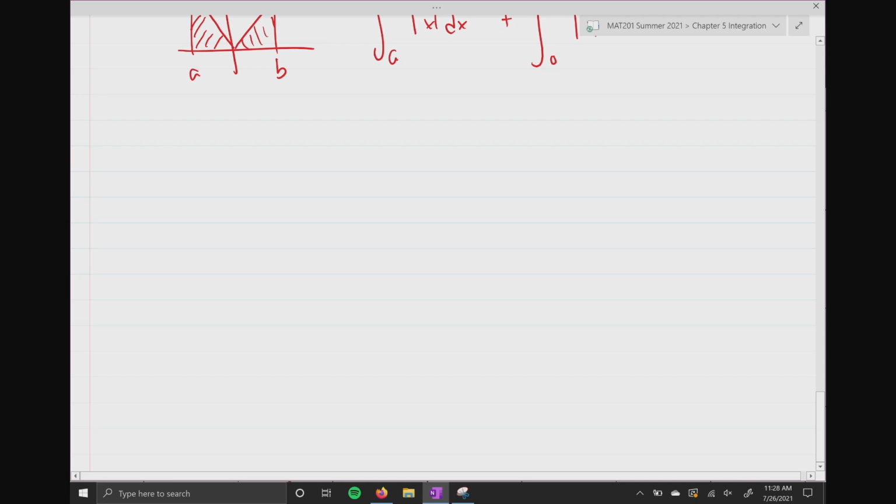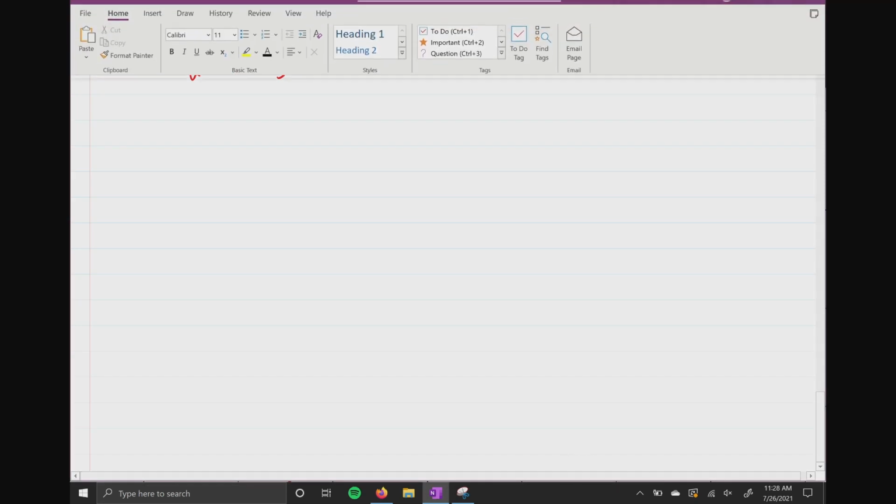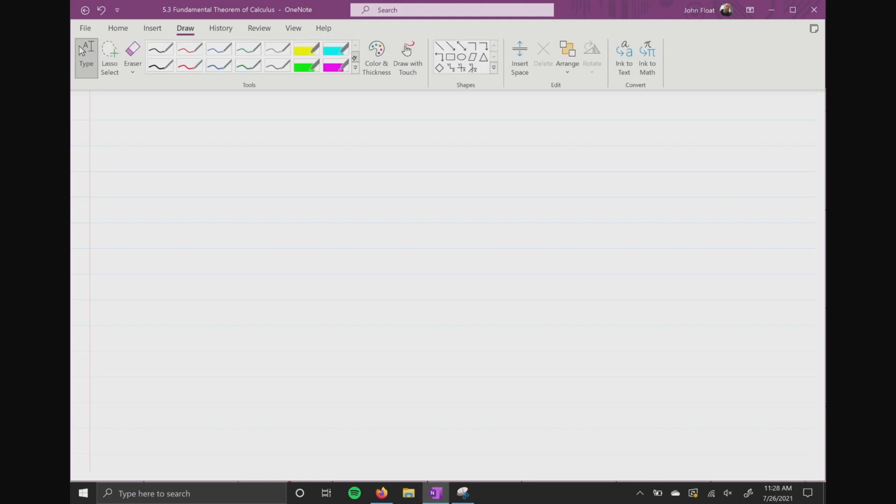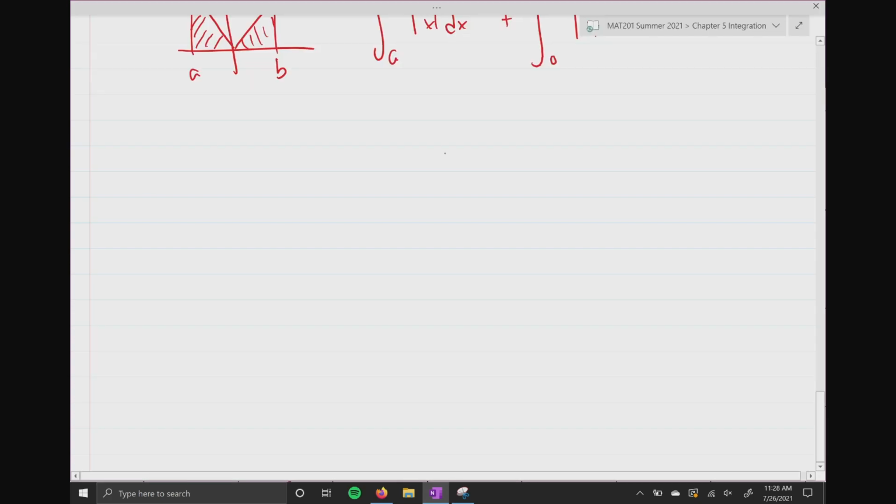So, let me change my marker here to black. Remember with derivatives, we had something called the power rule.